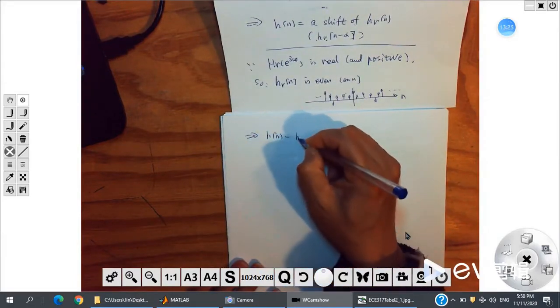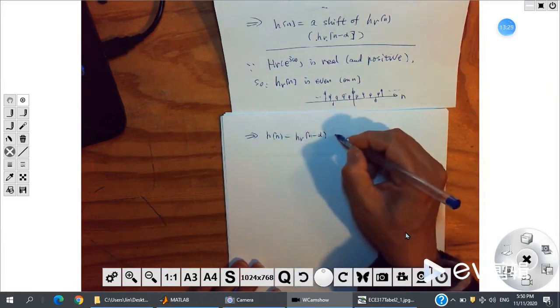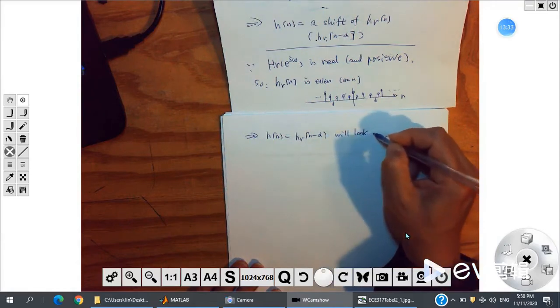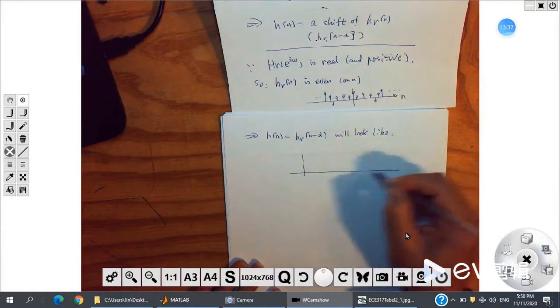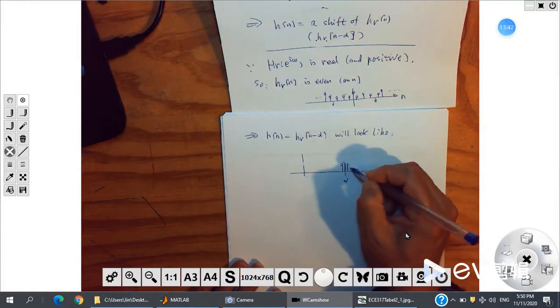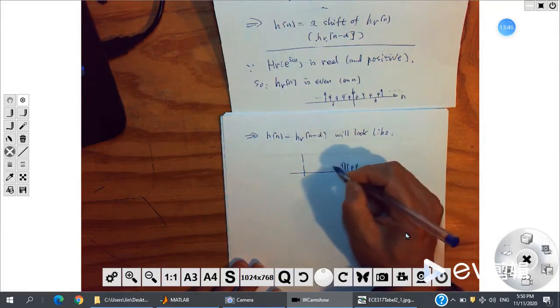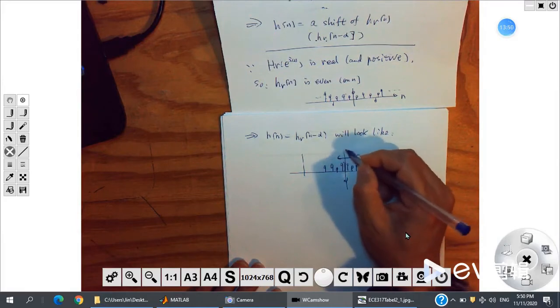hn is hr of n minus alpha, where it looks like this. Here's alpha, then symmetrical according to this alpha. Something like this, right? Even.